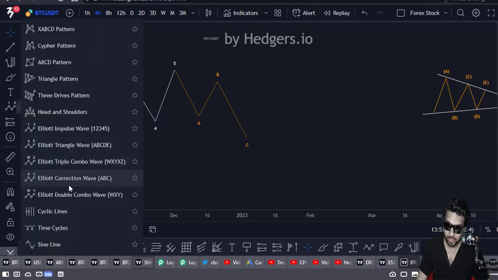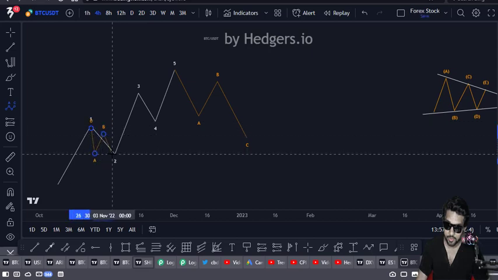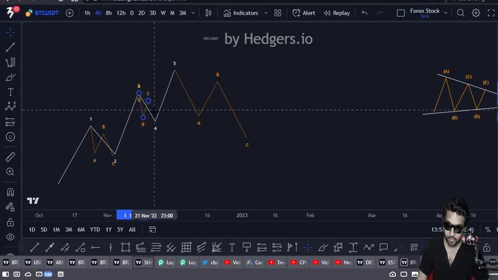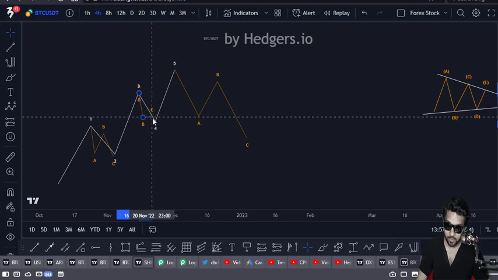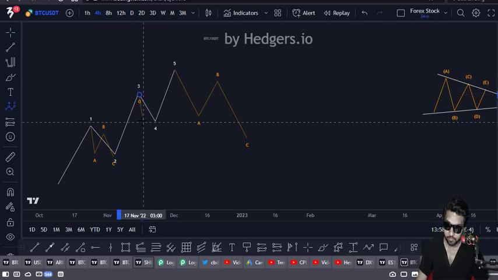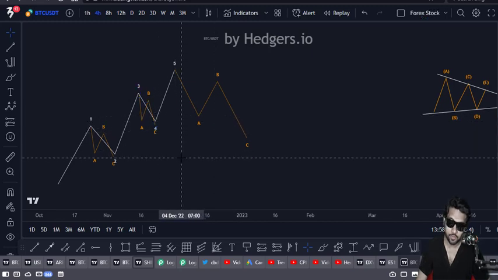You're gonna subdivide this wave into ABC, which is always like this. Corrective wave. All of the corrective waves consist of ABC, and the fourth wave can consist of a flat.